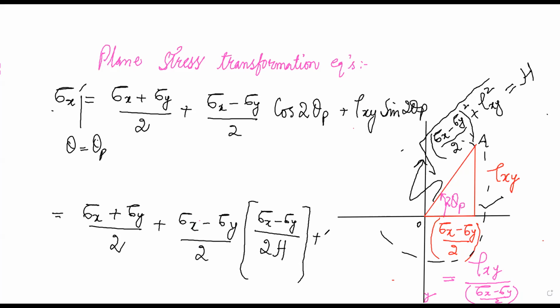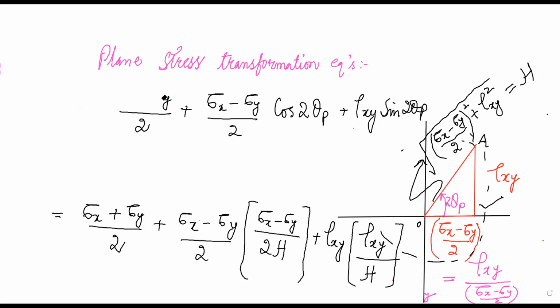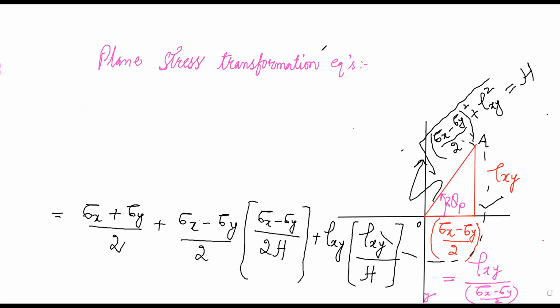Plus tau xy sine, that is perpendicular by hypotenuse, that is tau xy divided by h. Okay, we can now solve it algebraically.